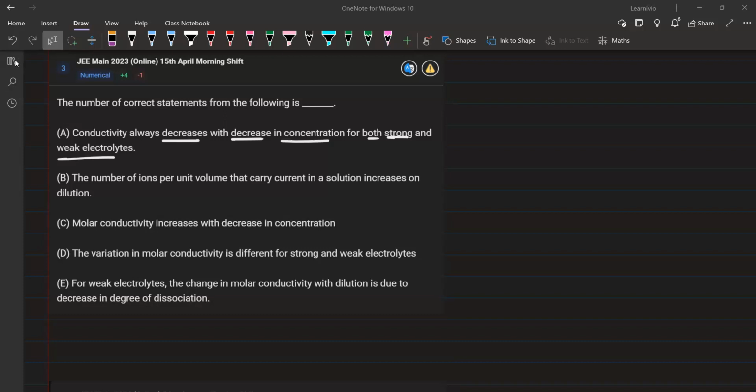Does anyone remember the formula for conductivity? See, conductivity, kappa, depends on ions per unit volume.